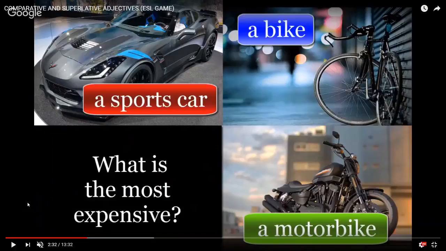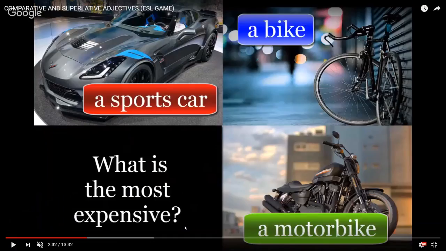A motorbike is expensive. Totally sure? Remember you got a sports car, a bike, a motorbike. Okay. The basic? A sports car is expensive.